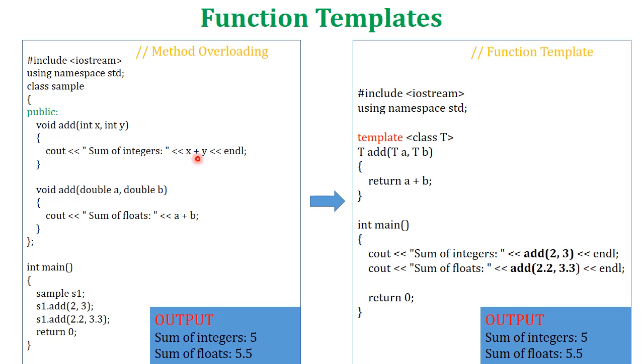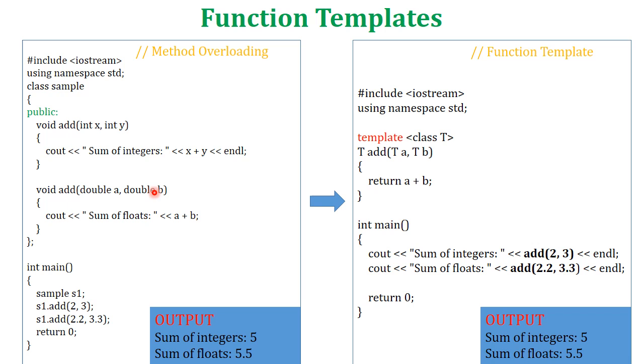Finally we get the result 5. Then control comes back to the main program, and it will invoke one more function, s1.add, the input is 2.2 and 3.3. In that case it will invoke the second function. Then it will calculate the sum of the values, which belong to double. Finally we get the result 5.5.